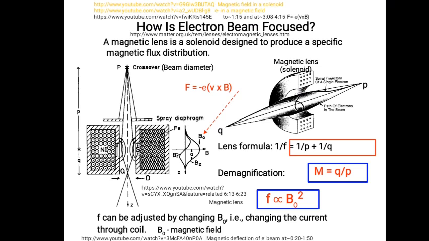Last, how electron beams are focused. The magnetic lens is a solenoid designed to produce a specific magnetic flux distribution, where the lens formula is 1 upon F equals 1 upon P plus 1 upon Q, and demagnification is M equals Q upon P, where F is directly proportional to B, so F can be adjusted by changing the value of B, that is the magnetic field.